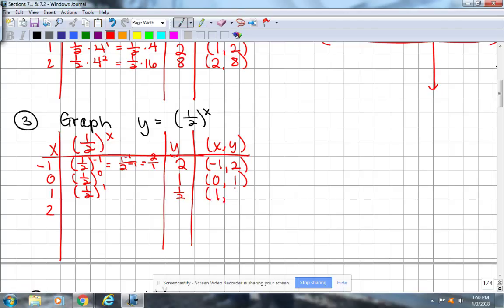And then I have 1/2 squared. Well, how do I square a half? I can multiply 1/2 times 1/2, or I could square the 1 and square the 2, right? 1 squared is 1, 2 squared is 4. So that's 1/4.